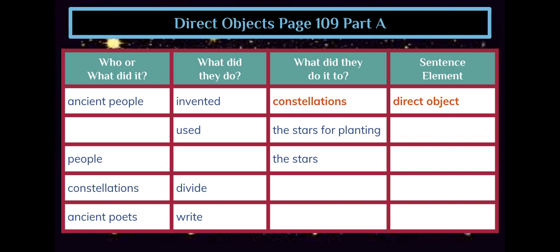Number 2, farmers used the stars for planting. Who was it that did that? The farmers. And farmers is our subject. I want you to go ahead and finish the rest of the activity independently.